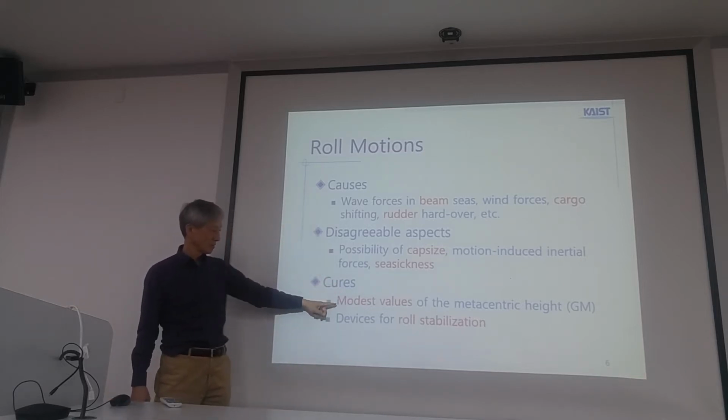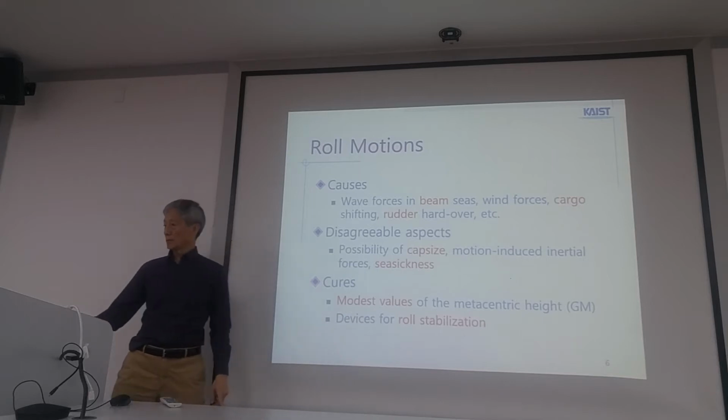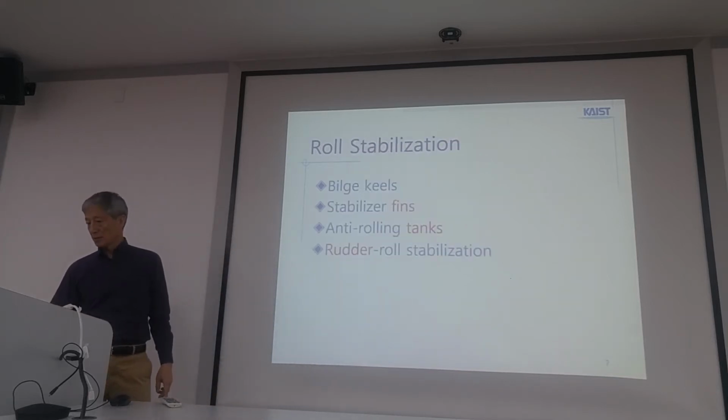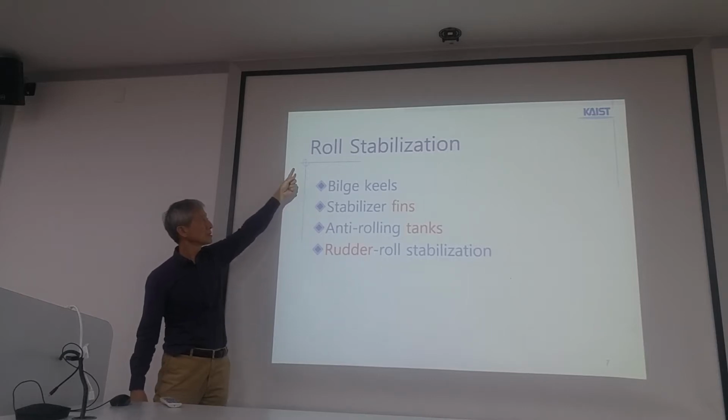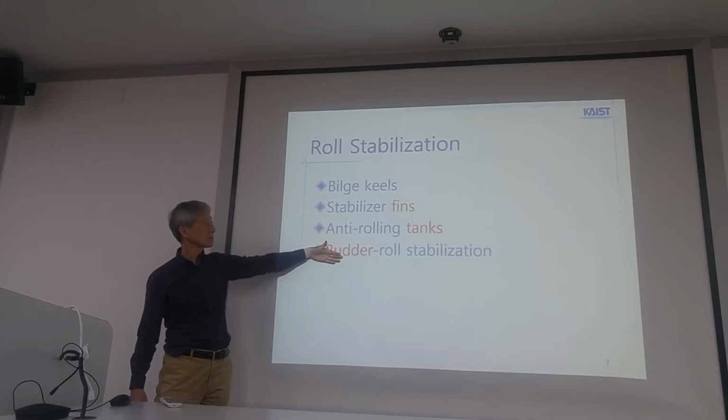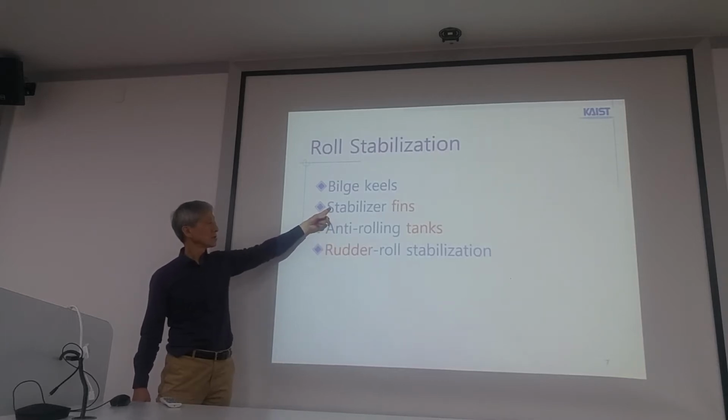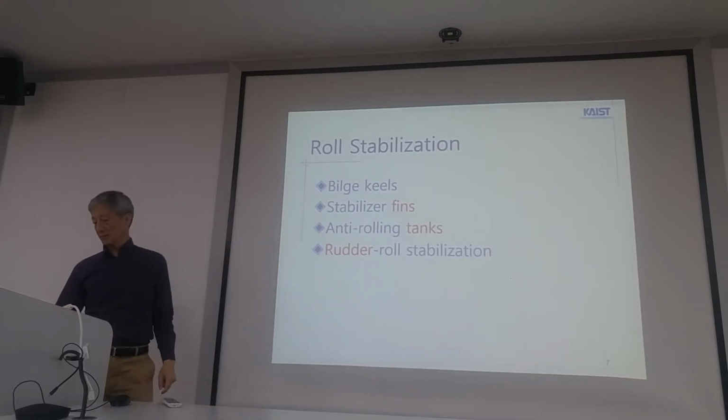Modest value is needed, and roll stabilizer. This is another device. There are many different types of roll stabilization: bilge keel, stabilizer fin, anti-rolling tanks, and rudder roll stabilization. And several ships also have this kind of device there.